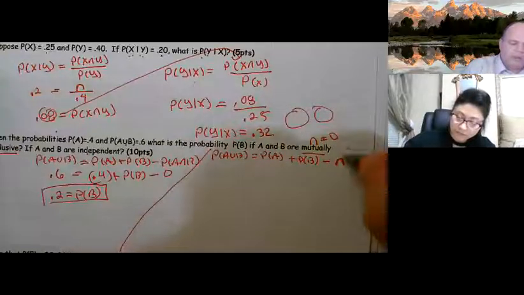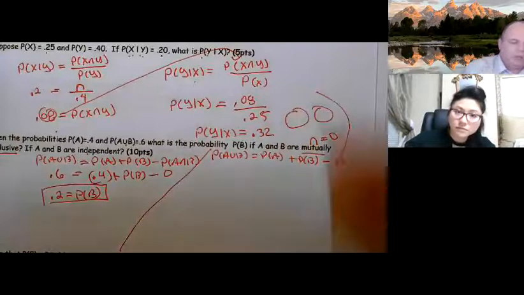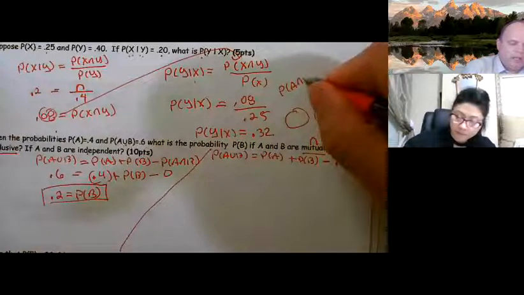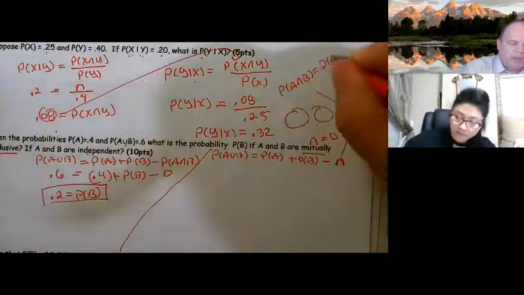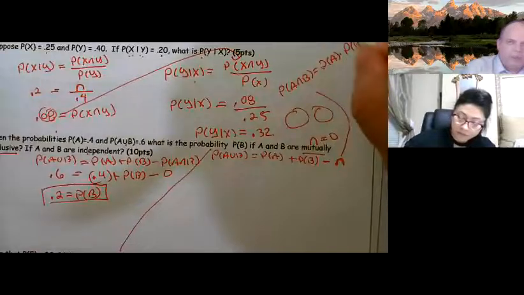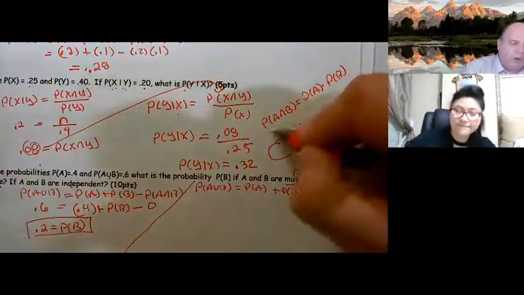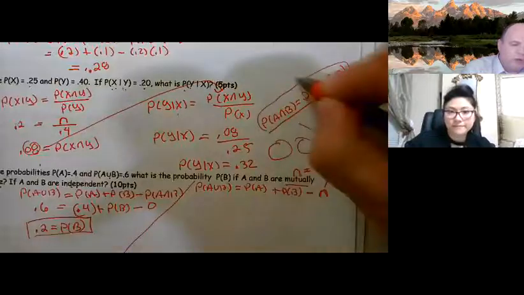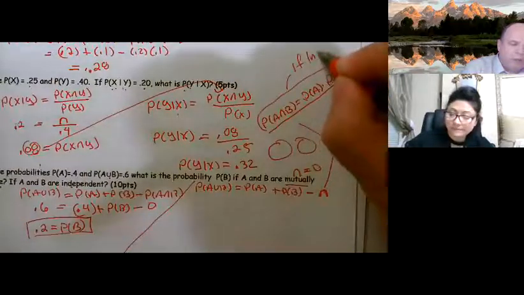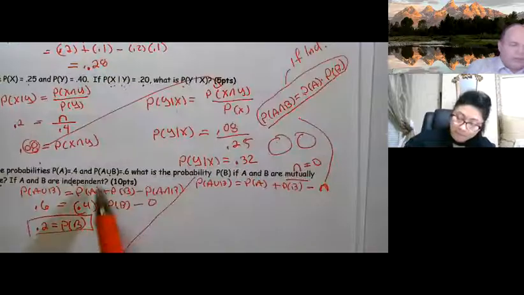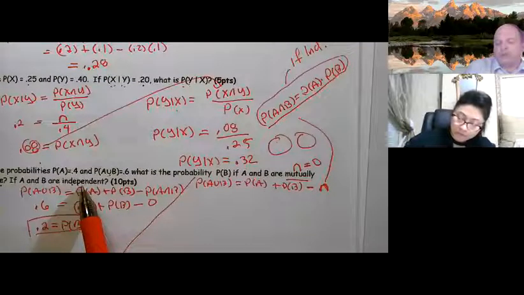Please remember, the intersection, probability of A and B equals the probability of A times the probability of B under one condition. This is only true if independent. It's only true if independent, but they said, hey, it's independent. They tell me it's true.